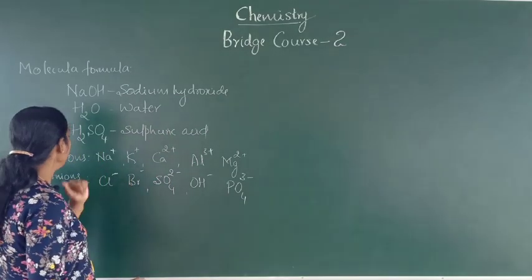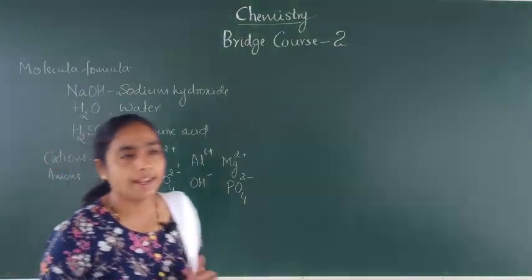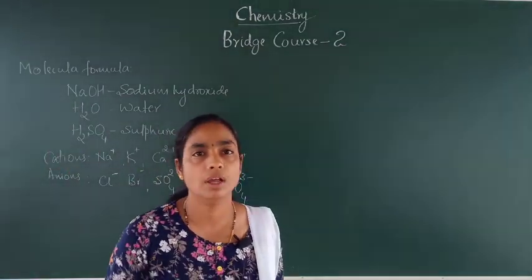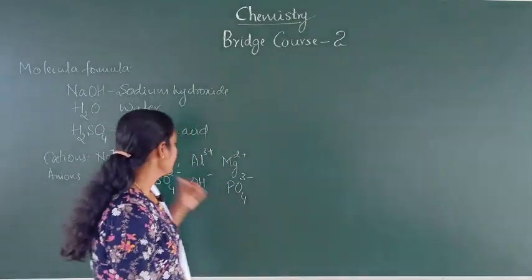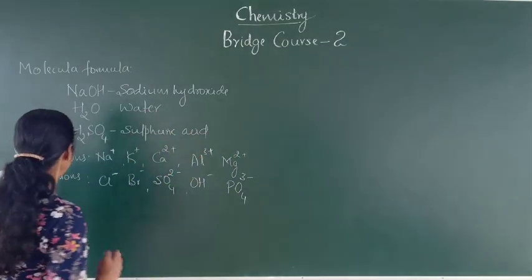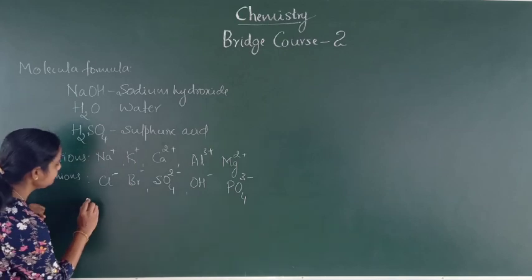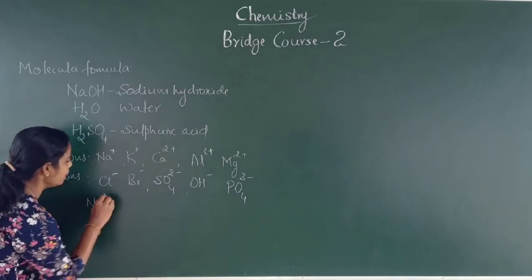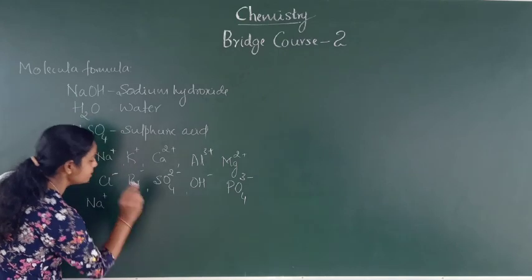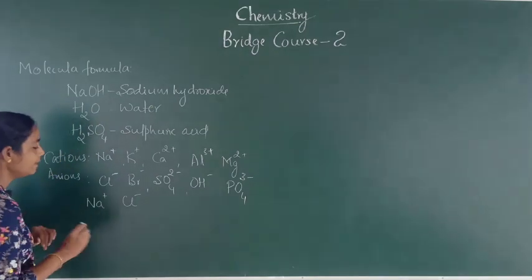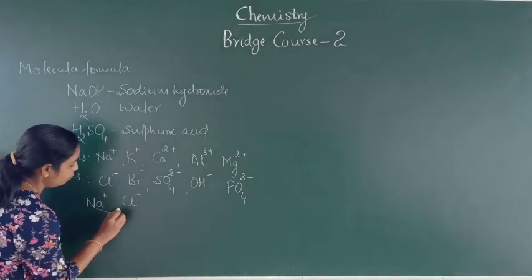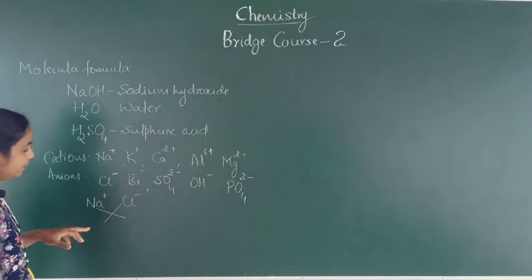Now we have to combine these cations and anions to get the formula of a molecule. Let us consider Na+ ion and Cl- ion. To write the formula of a compound, we have to cross multiply like this.